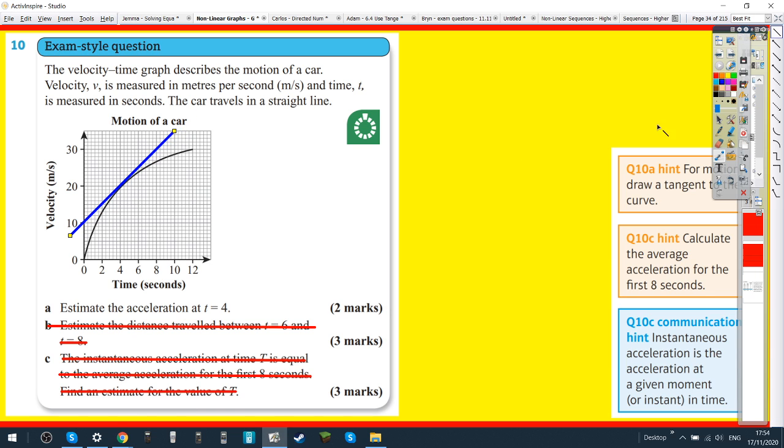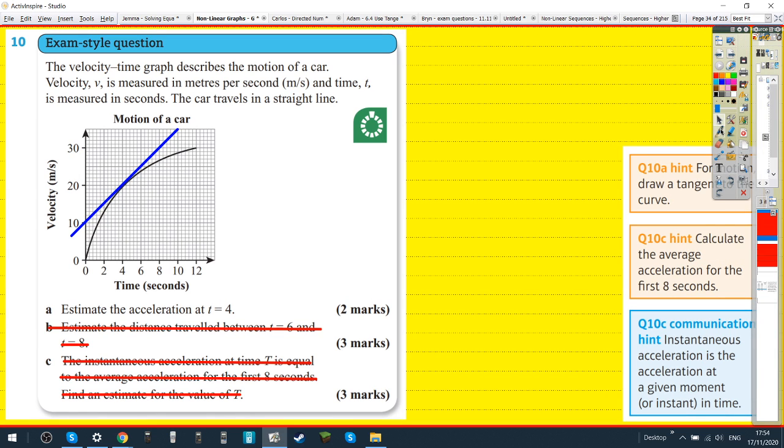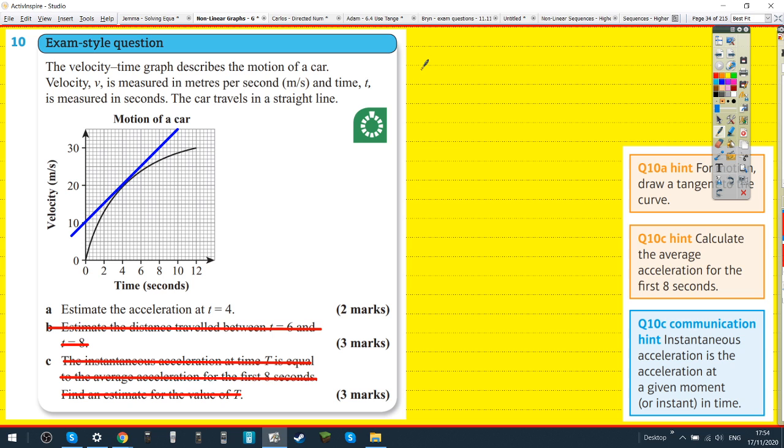Okay. And so it would be 4, 20 and 0, 10. Run is 4. Rise is 10.